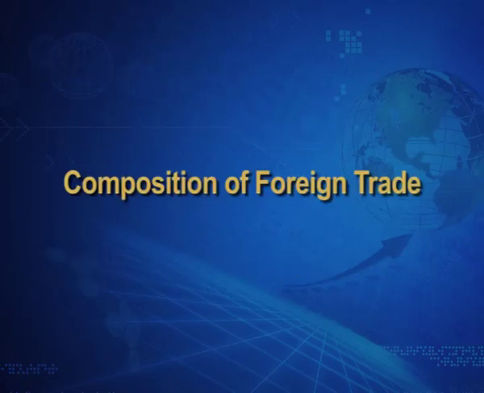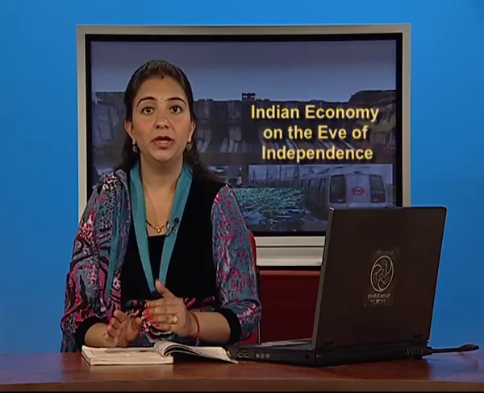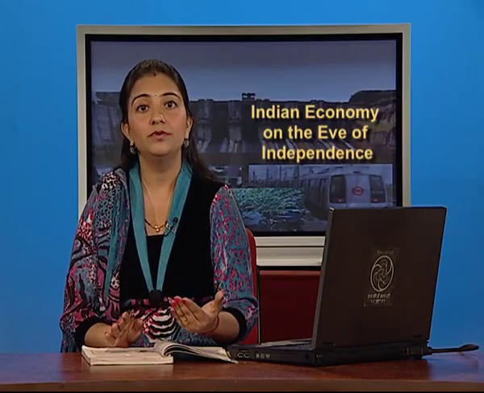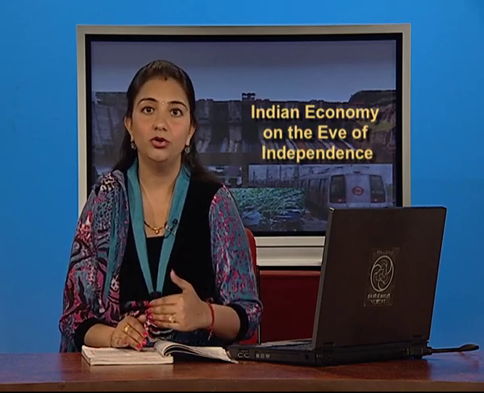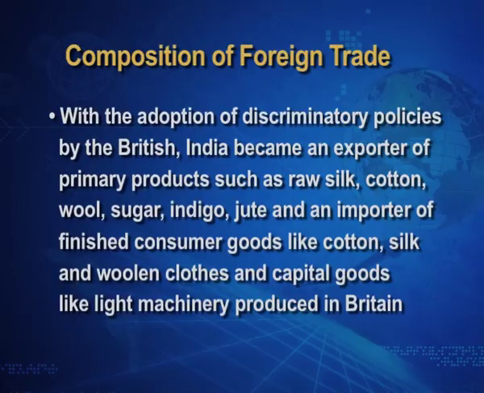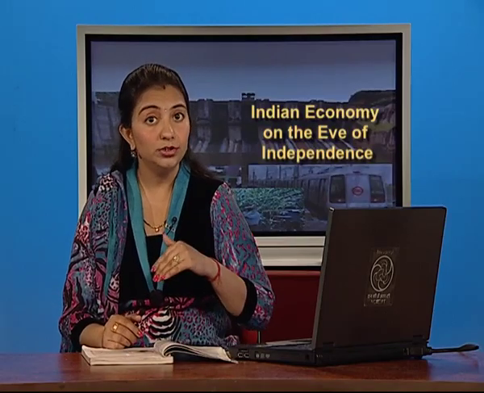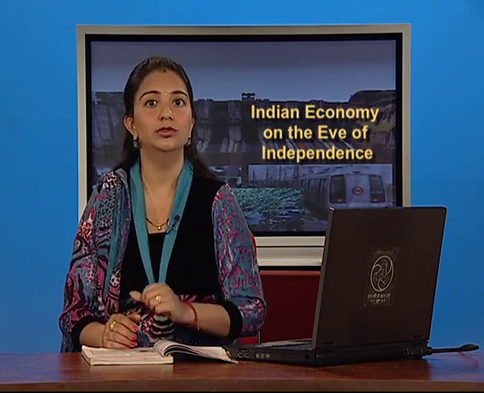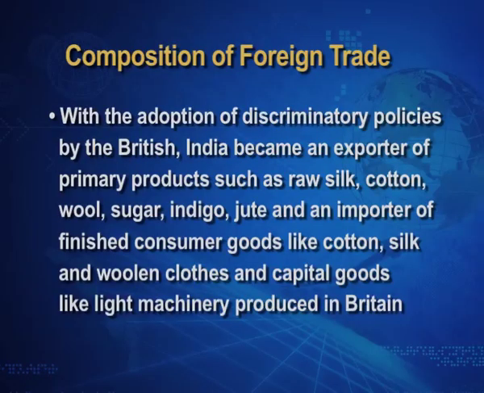Composition of foreign trade means what things were being exported by India and what goods were being imported into our country. With the adoption of the discriminatory policies by the British, India became an exporter of primary products such as raw silk, cotton, wool, sugar, indigo, jute, etc., and an importer of finished consumer goods like cotton and silk clothes, woolen clothes, and capital goods like light machinery produced in Britain.